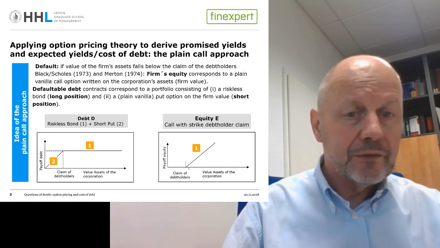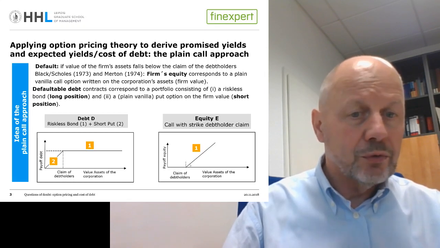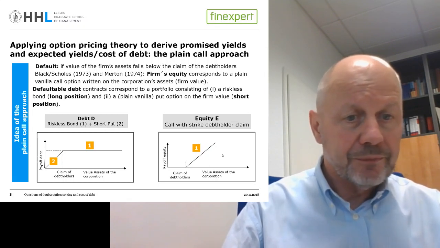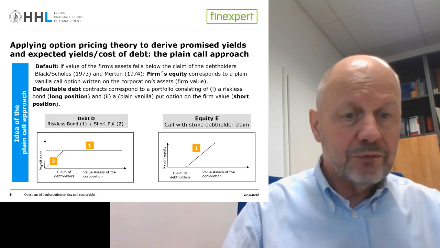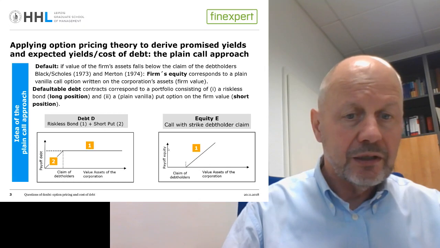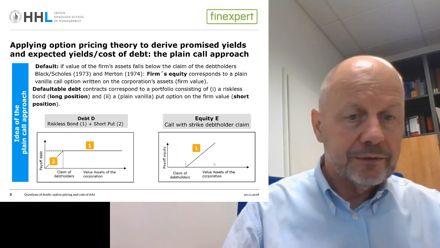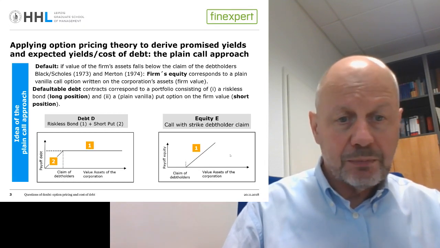If the value exceeds the claim of the debt holders, then the equity holders kick in and get what is left over from the value of the corporation. If you look at the payment structure relating to the value of the assets as the underlying, you clearly see a call.